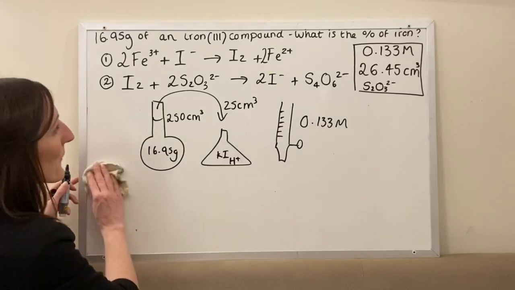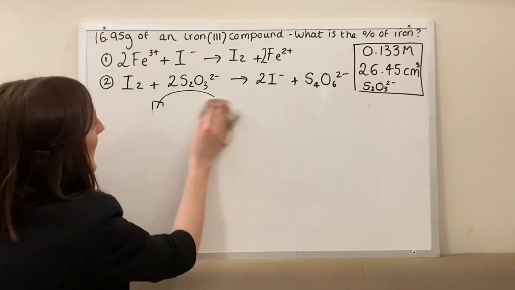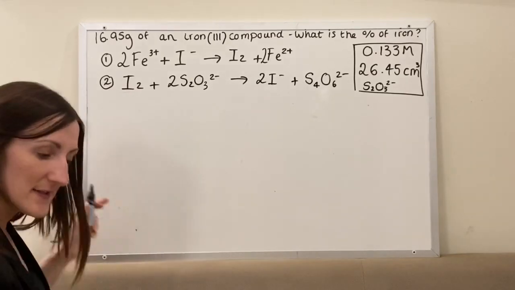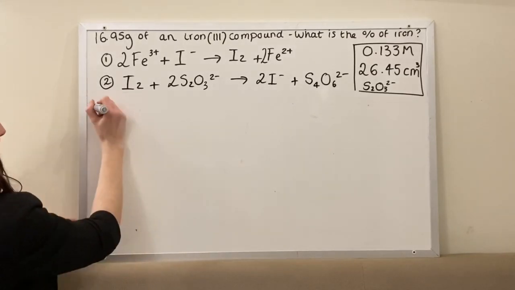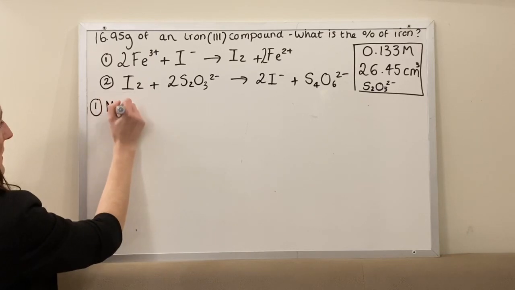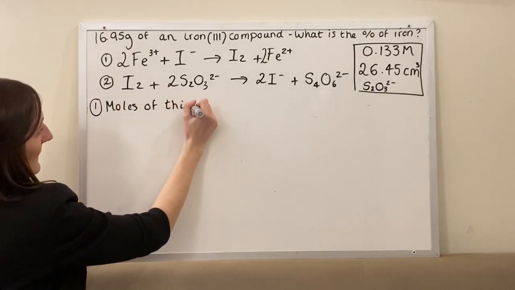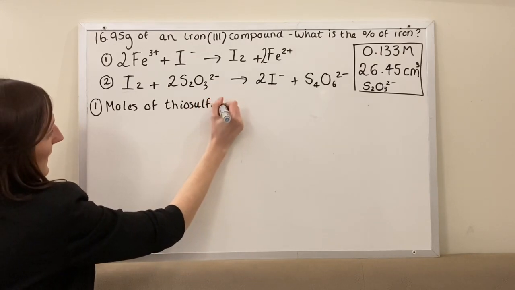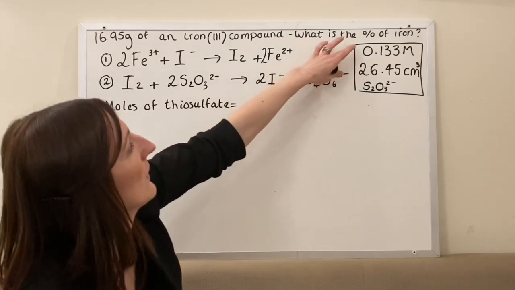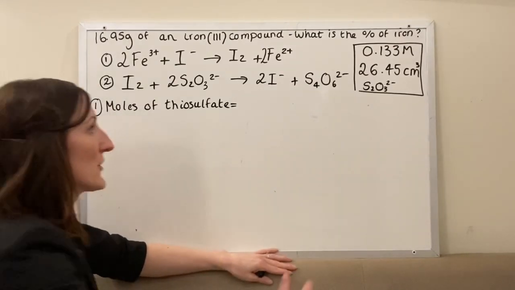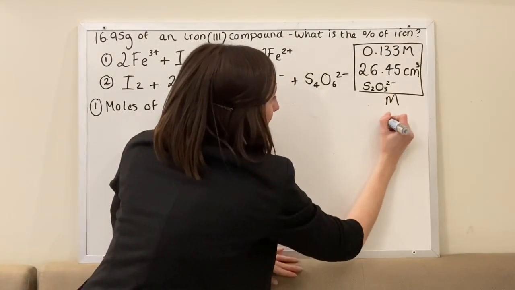I'm going to get rid of all this, and we'll just concentrate on the numbers now. Step 1 is to calculate our moles of thiosulfate. We have a concentration and a volume, remembering our McVitie's triangle, so MCV.